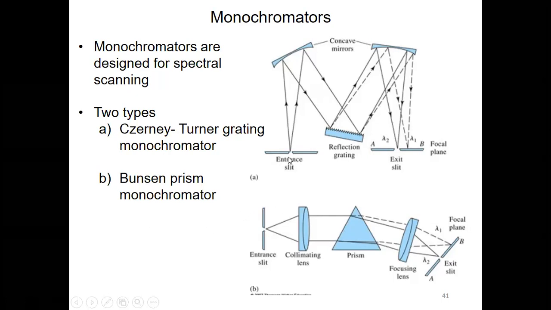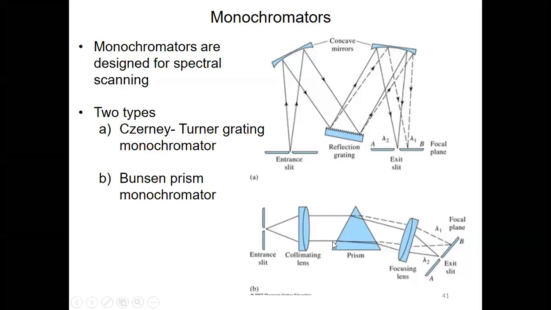Same as the grating one, there's an entrance slit. Light goes through the entrance slit, and the collimating mirror makes the light path into a parallel line. Same thing which happened here, right?